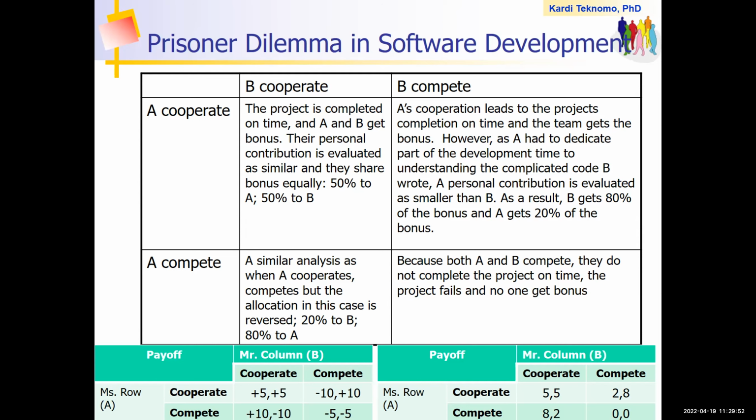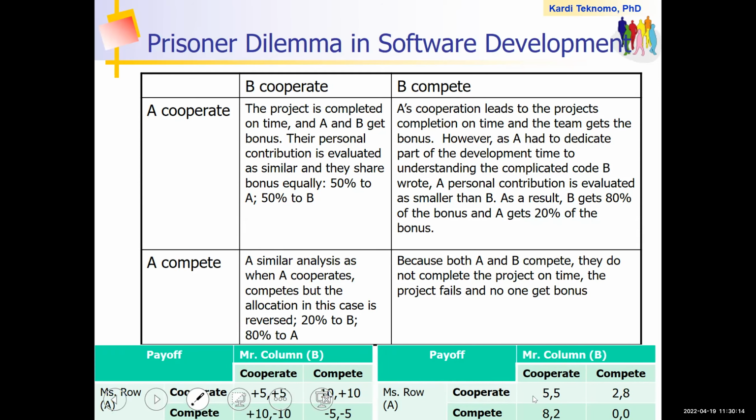Then their personal contributions are evaluated similarly, so they will share the bonus 50-50. So I put here the values 5 and 5. You see here, this is the 5 and 5.